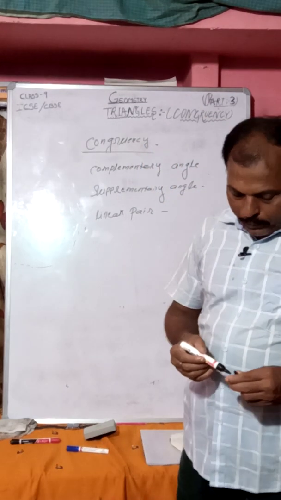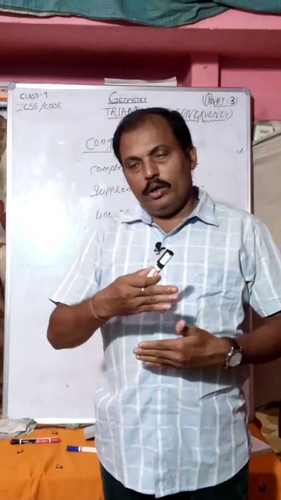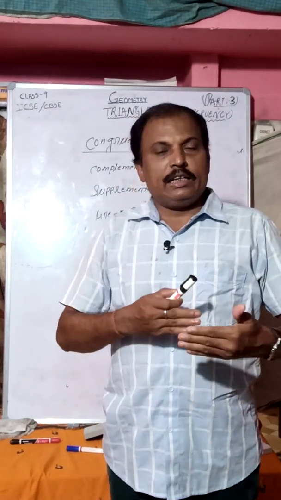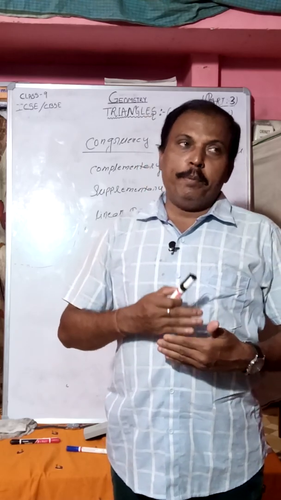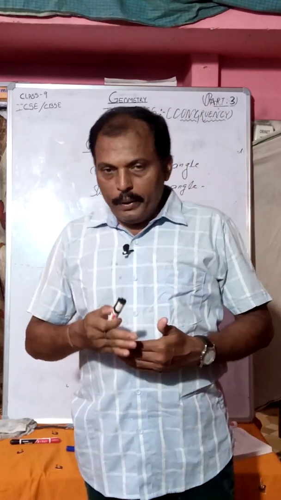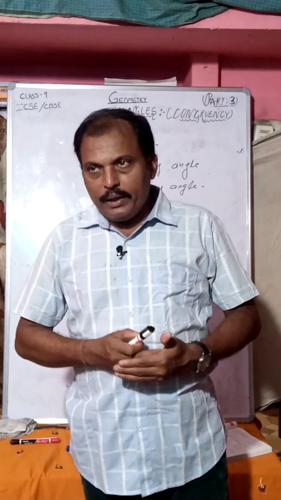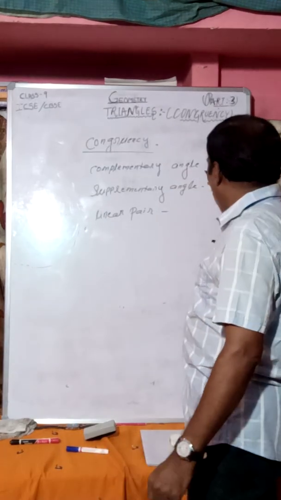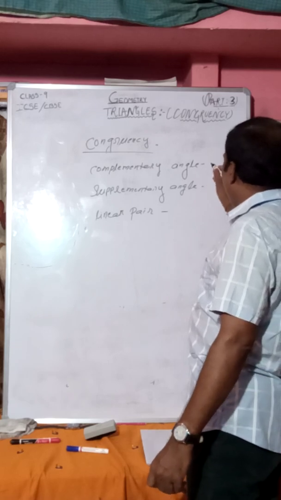You already learnt in your previous classes what a complementary angle is, what a supplementary angle is, and what a linear pair is. Now I just recall what a complementary angle is.